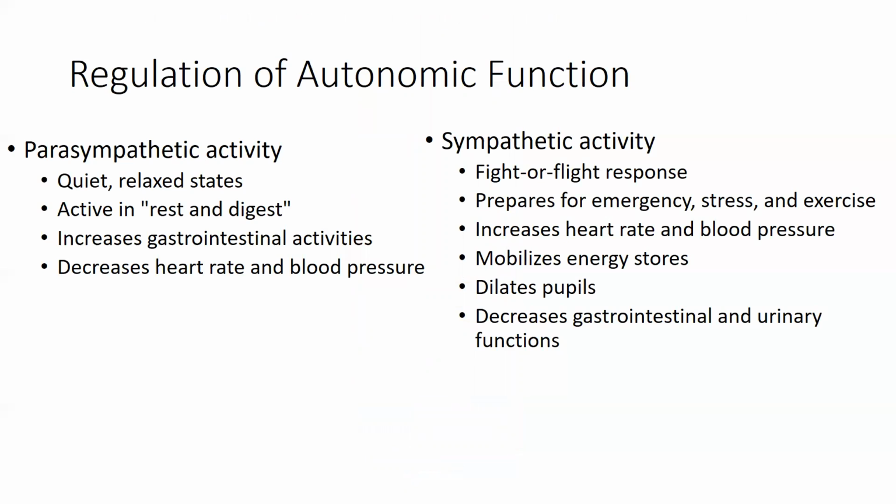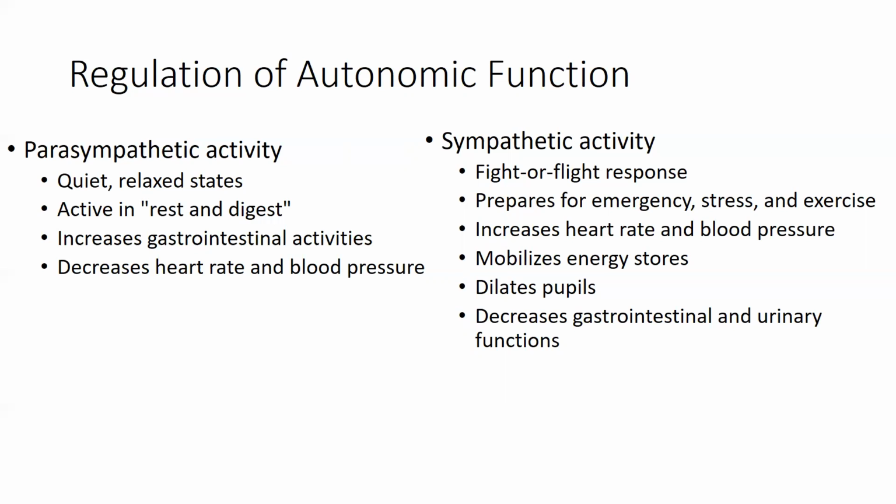Okay, so just to really back up and talk about regulation here, we talked about the two divisions of the nervous system. Some of the activities or functions of the parasympathetic were quietness, or if you're in a relaxed state, right? The rest and digest, if you're in a period of resting and digesting, you would influence parasympathetic activity.